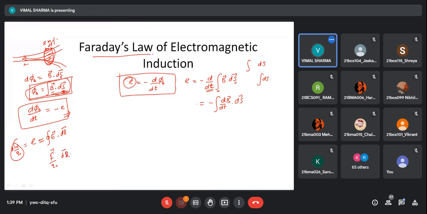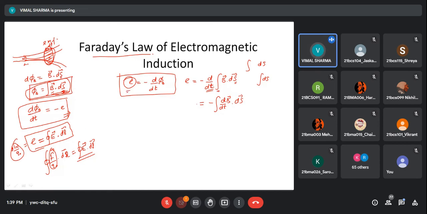You can say dl, not ds, I should write dl, and integrating this over the whole loop gives you the electric field. So I can write this as the closed line integral of E dot dl. So I'm using this basic definition of EMF to write it as the closed line integral of the electric field.